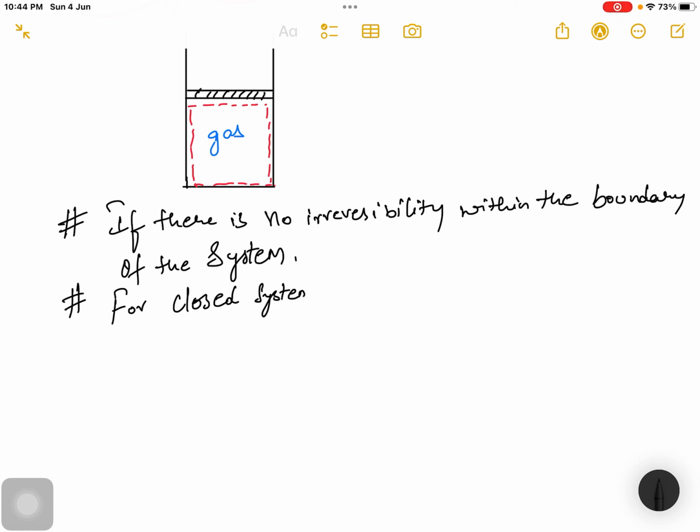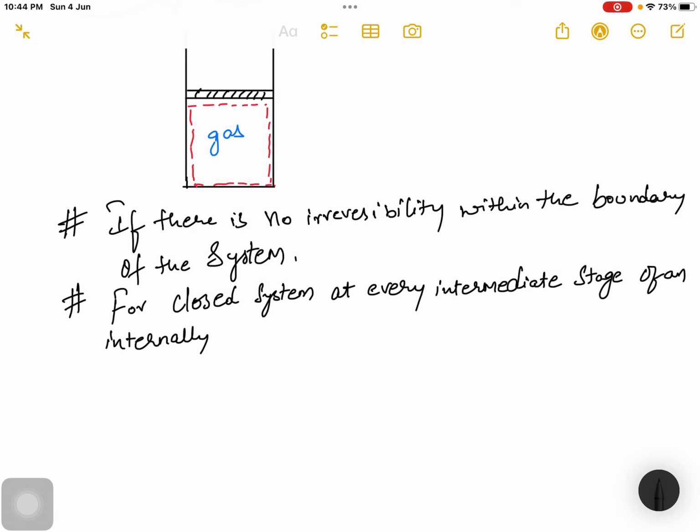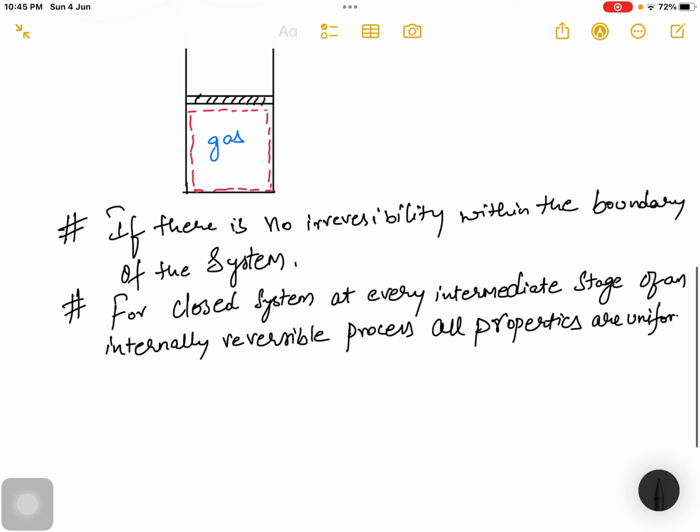For a closed system, at every intermediate stage of an internally reversible process, all properties are uniform throughout.